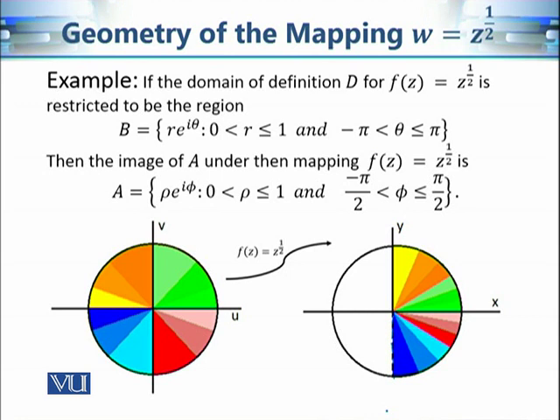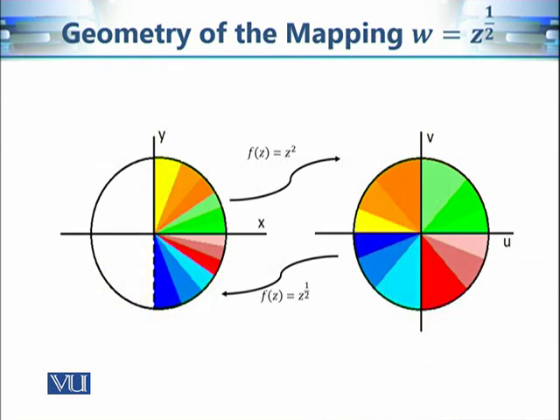And we can easily observe that the complex numbers lying in this green region will be mapped onto complex numbers in this green region, and similarly for the other colors. Of course, if we apply z square, then this half unit disk will be mapped onto the full disk, and if we apply this principal root function, then this full disk will be mapped onto this half disk.